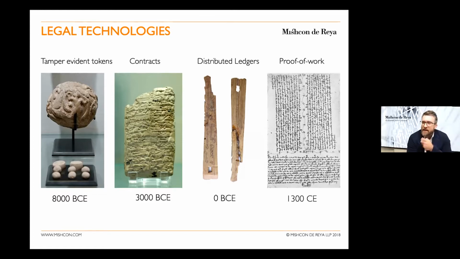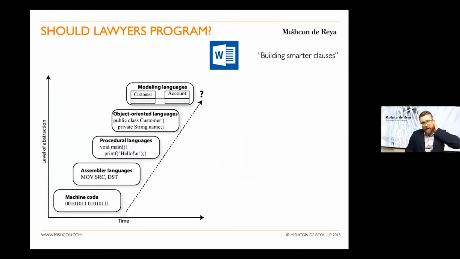So aspects of the systems we're building at the moment have their roots in all sorts of things we have used for instantiating legal systems before, and it's just a question of figuring out how they might diffuse into the economy. A colleague of mine, Niall Roach, was running the workshop yesterday on coding smart contracts, and one of the questions was, should lawyers program? Depending on what you mean by program, most computer scientists don't program, right?